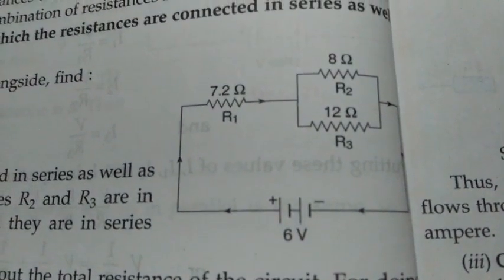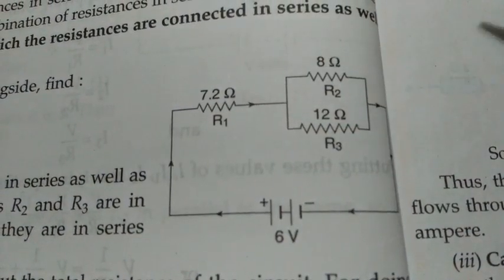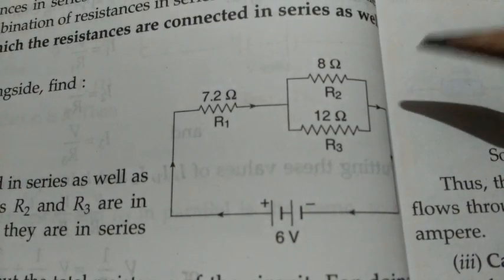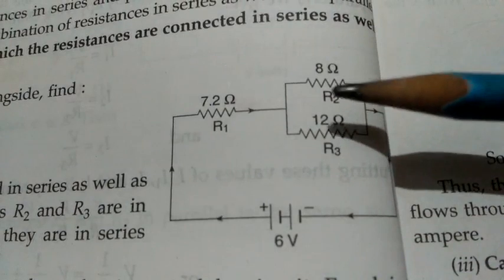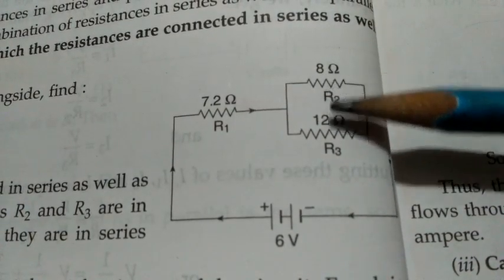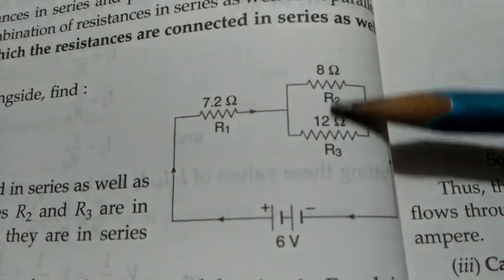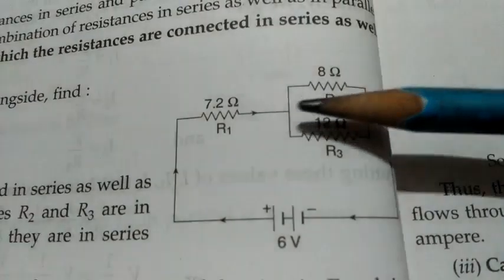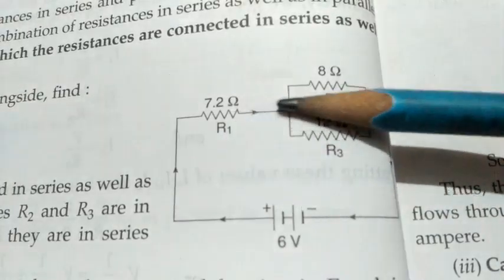Now, suppose you are given this type of mixed combination, where series and parallel combinations are both there. Here you can see two resistances, 8 ohm and 12 ohm, connected in parallel, and with this, one resistance of 7.2 ohm is connected in series.